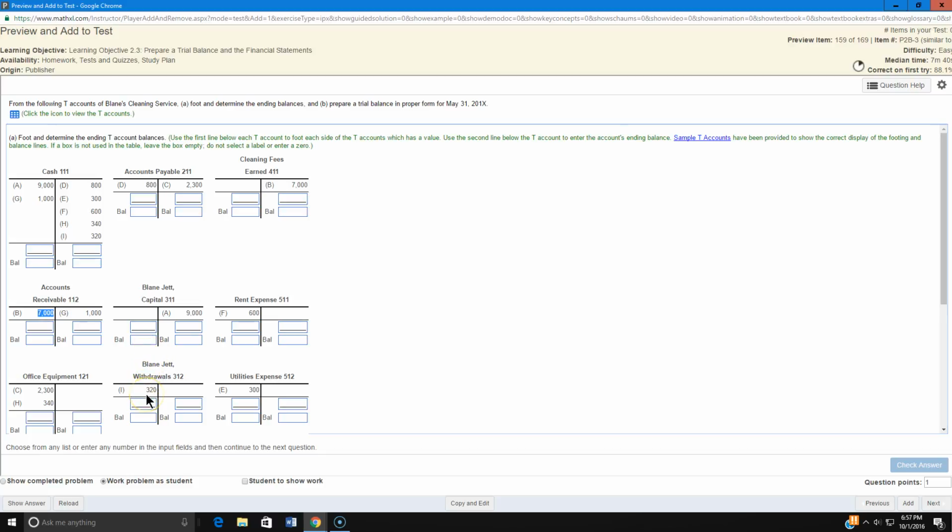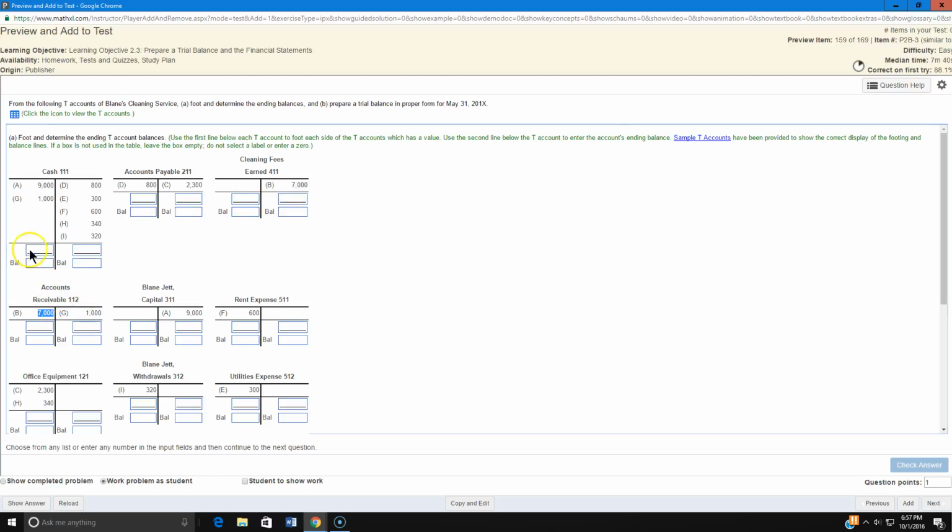The withdrawals account, instead of debiting the capital as we did in Chapter 1, we debit the withdrawals account. Whether we do it here or in the journal, we'll write out a $320 debit. We'd write out a $300 debit if it were in the journal. We'd write out a $600 debit. Now, let me just pick up again so that the earnings of $7,000 goes into the fees account.